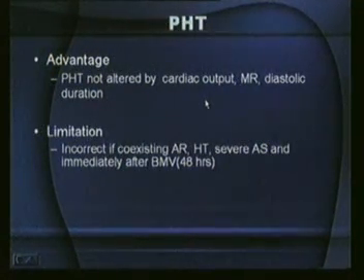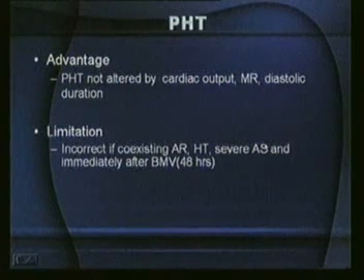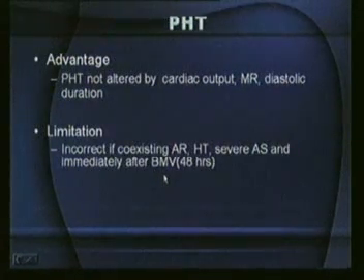Of course, there are limitations: if there is coexisting aortic regurgitation or hypertension, or severe aortic stenosis, or immediately after balloon mitral valvotomy, because the compliance of the left ventricle is altered. Once the diastolic compliance of the left ventricle is altered, obviously you will find a problem in pressure half time.